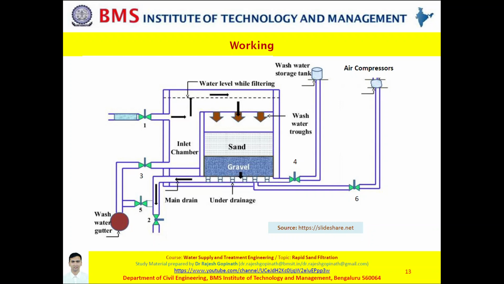So, I'll repeat. Valve 1, raw water enters from the coagulation unit, enters the inlet chamber, rises up, gradually falls into the filter chamber, falls over the sand, then comes down to the gravel, enters the under drains. From the under drain, via the main drain, it goes to the outlet.